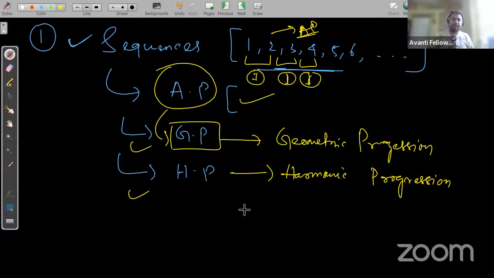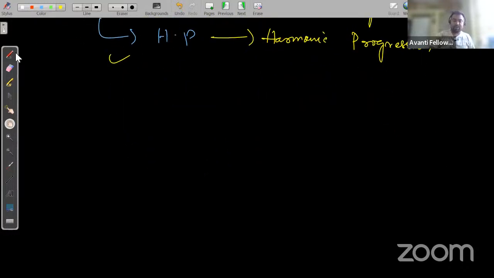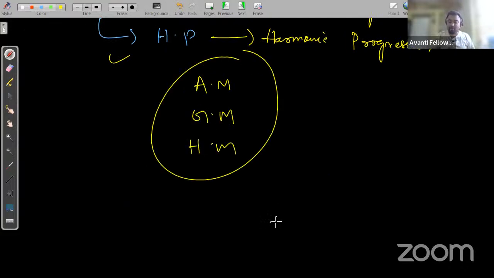Similarly, in this chapter we'll cover arithmetic mean, geometric mean, and harmonic mean. These three things also we'll cover. Yeah, very good. Kotala Venu, you are correct. This is arithmetic mean, this is geometric mean, and also we'll learn about harmonic mean. Right?